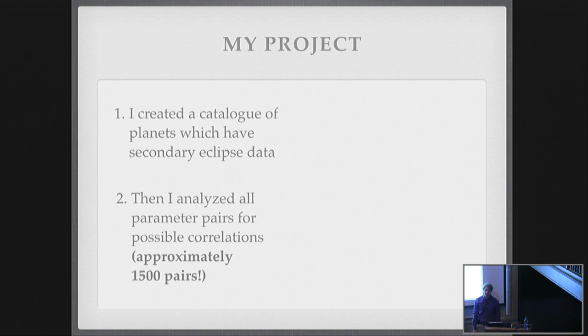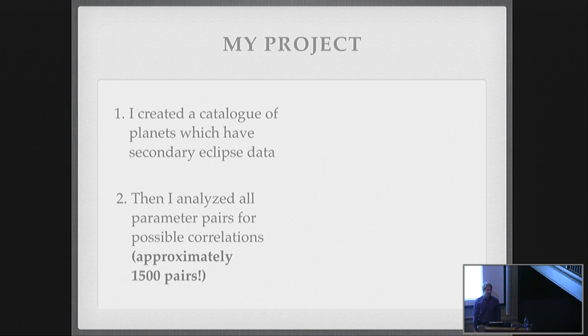So for my project, I created a catalog of every exoplanet that has secondary eclipse data. Now I can't guarantee completeness, but it's fairly complete. I had 69 exoplanets in 67 systems. And I compiled all of those together and included stellar and planetary parameters in addition to the secondary eclipse data.